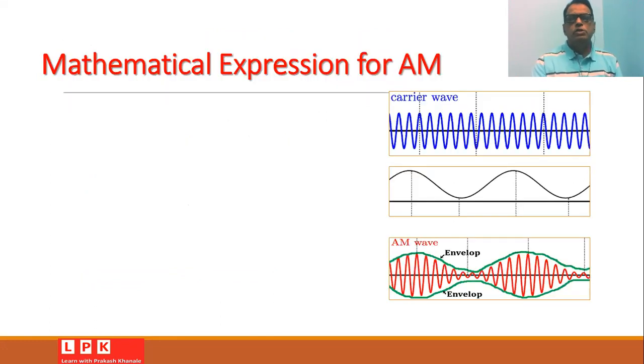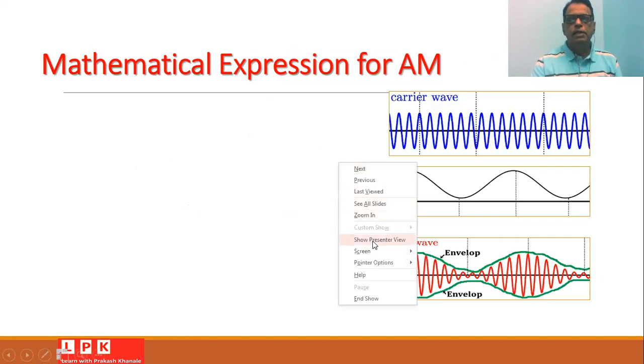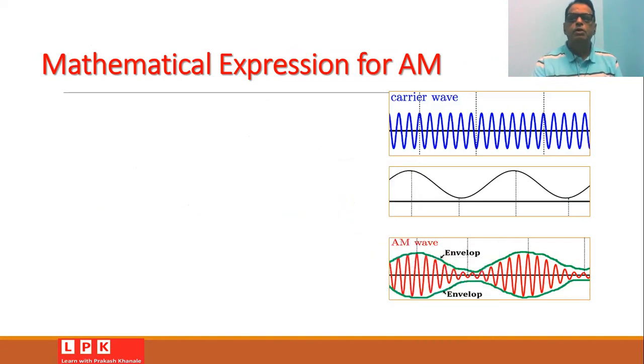So let us start the session: how to obtain the mathematical expression for the amplitude modulated voltage. We know that in amplitude modulation, the carrier signal is a high frequency signal and the modulating signal is a low frequency signal. In the amplitude modulation process, the amplitude of the carrier signal is changed in accordance with the instantaneous value of the modulating voltage.